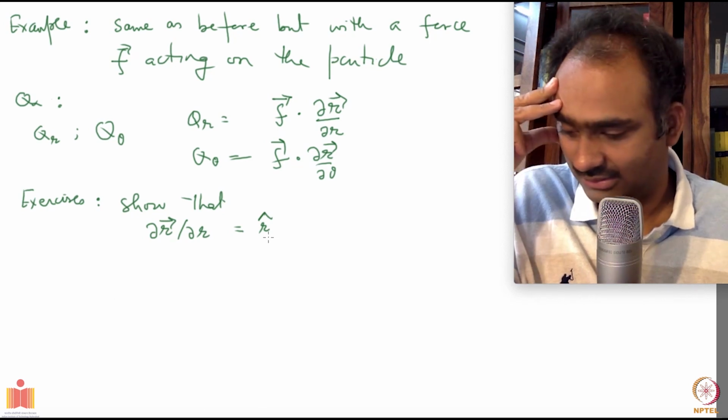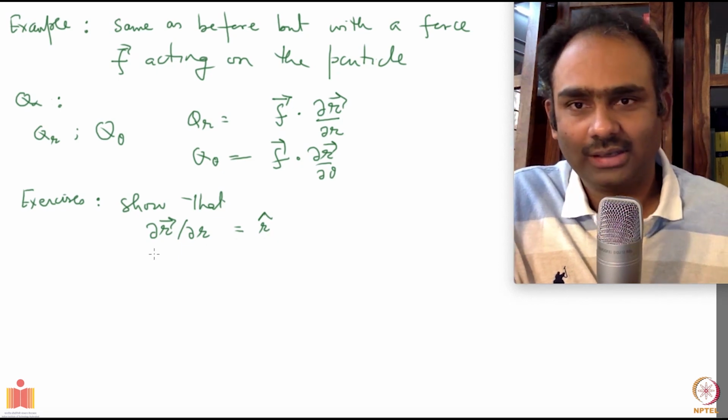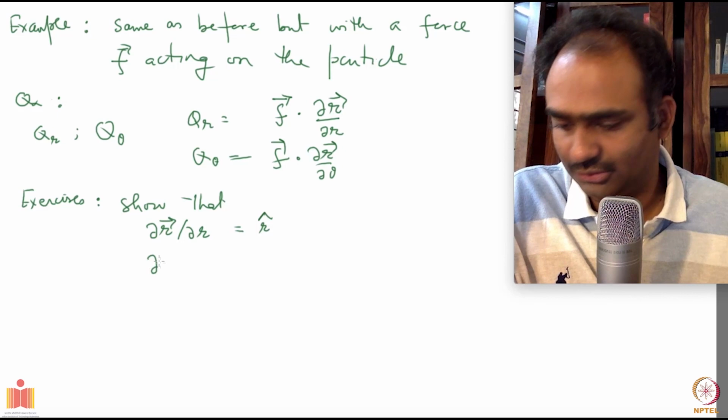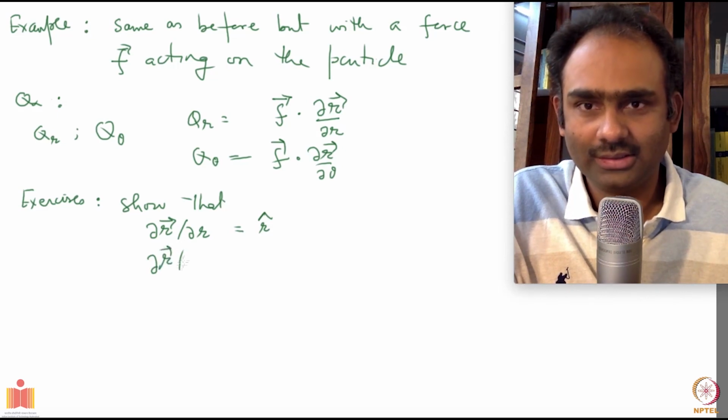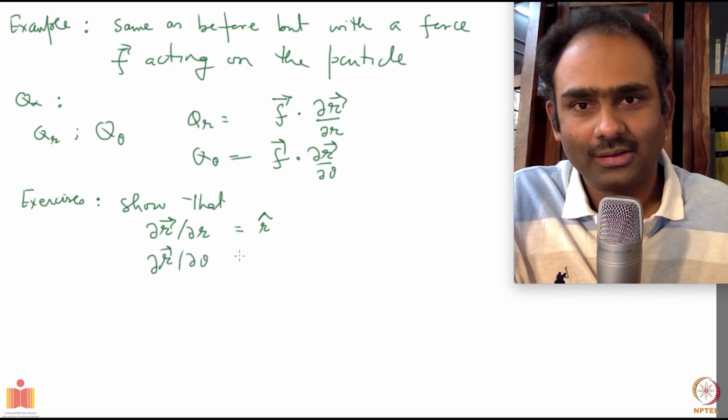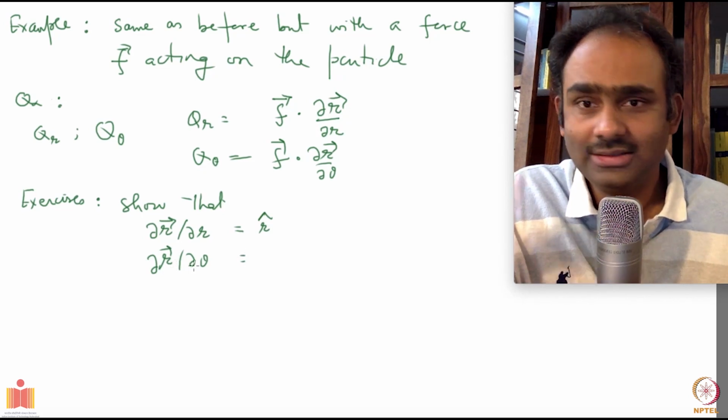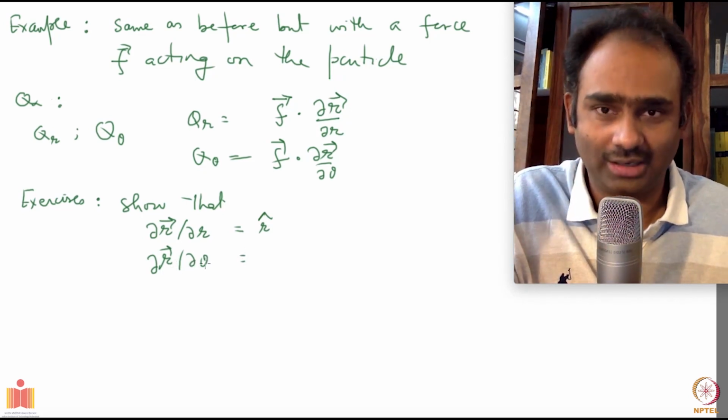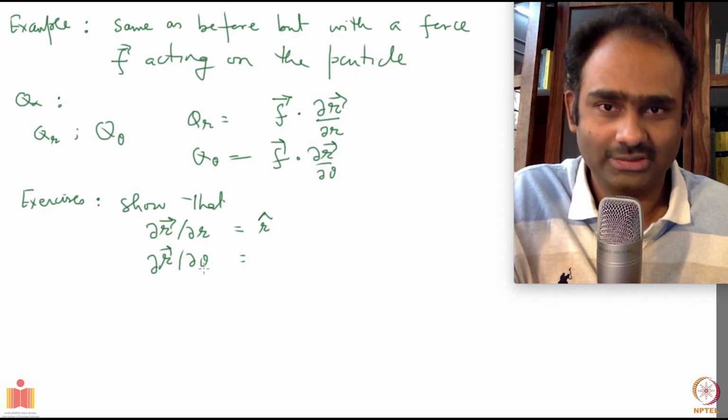You have your unit vector R hat here. And let's look at another part for you to show, which is del R over del theta. This left hand side should have the dimensions of R and should be a vector again, because theta is dimensionless.